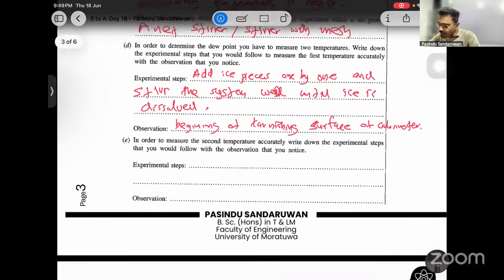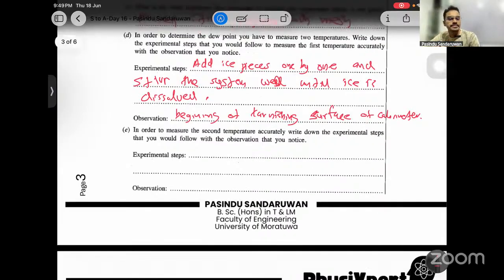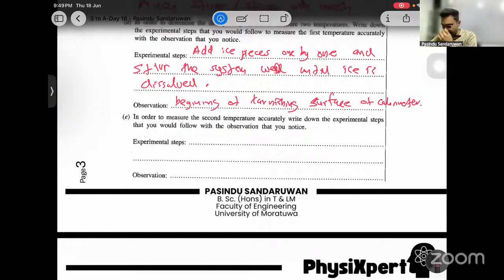E. In order to measure the second temperature accurately, write down the experimental steps that you would follow with the observation. First, you have to stop adding ice, because once the beginning of the tarnishing is identified, we don't add more ice.